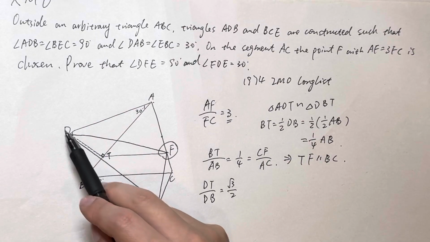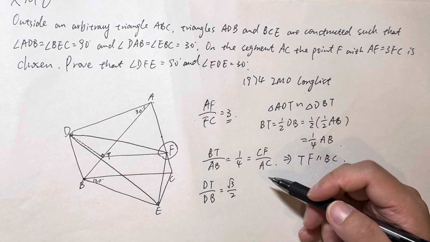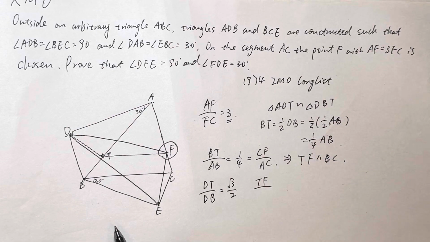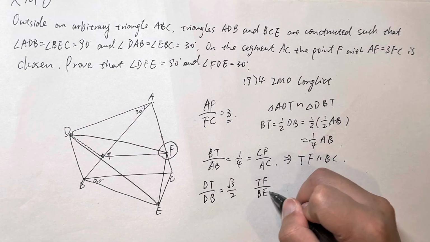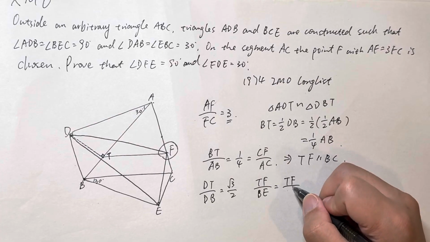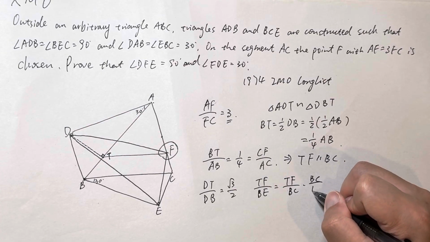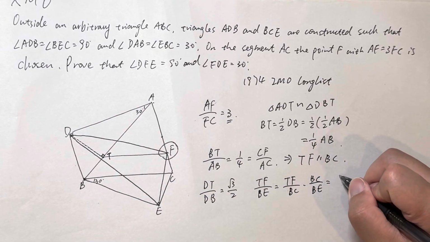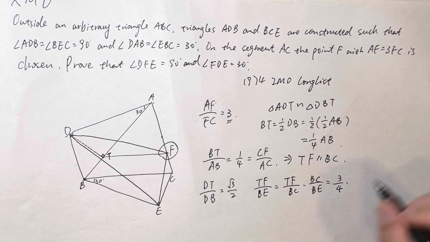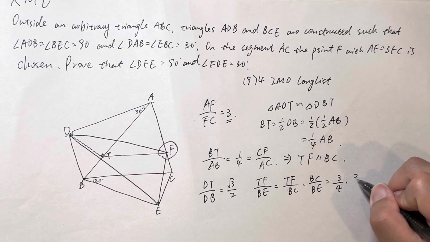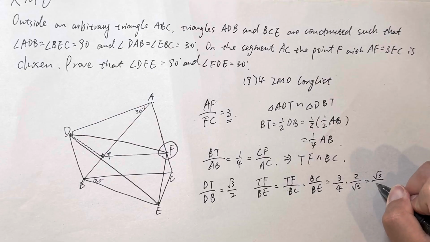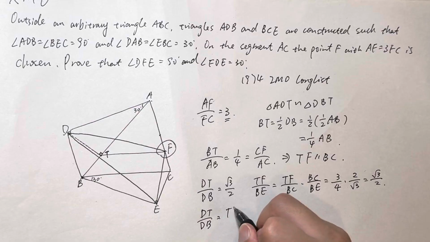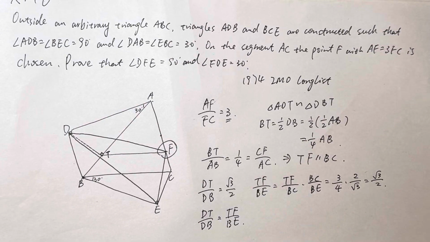And also, if we look at TF to BE, it equals TF to BC times BC to BE, which is 3 to 4 times 2 to square root 3, which is square root 3 over 2. Which means that DT to DB equals TF to BE.